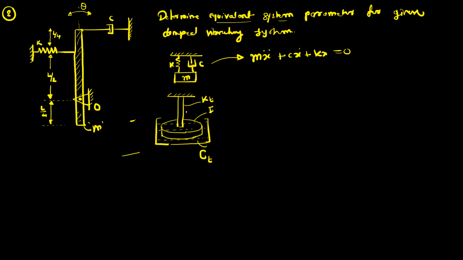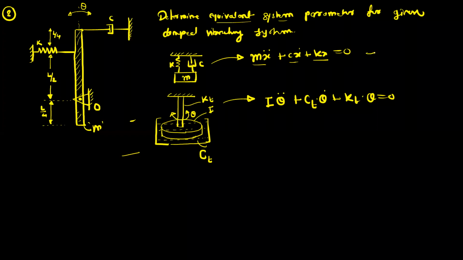So this disc will rotate in this direction. This is the angular rotation theta. For this system, the equation will change. Here mass is replaced by the mass moment of inertia. X double dot is theta double dot, plus C, this is the CT, that is the torsional damping constant, X dot is theta dot, K is the KT, that is the torsional stiffness, and X is the theta.